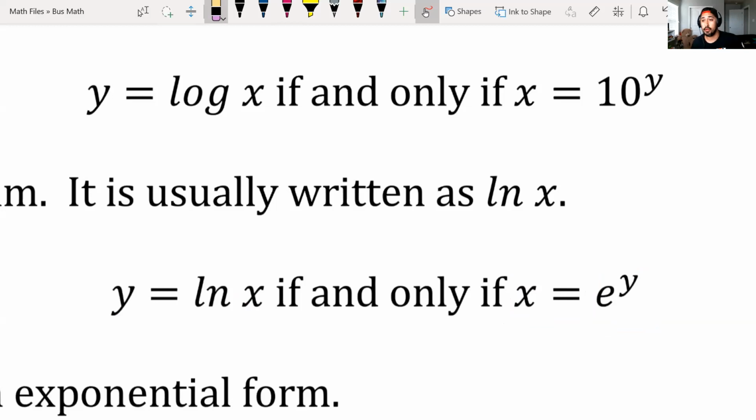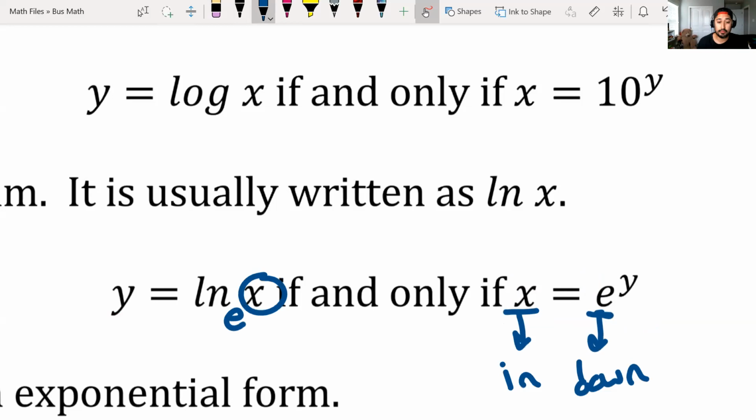And remember, converting from exponential to log. So if you're given e to the y, then this becomes the base. So it's still the same process. This goes down. It becomes the base over here. This x goes in, which is right here.